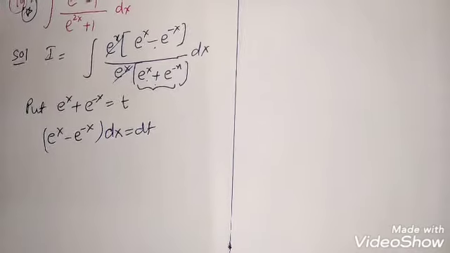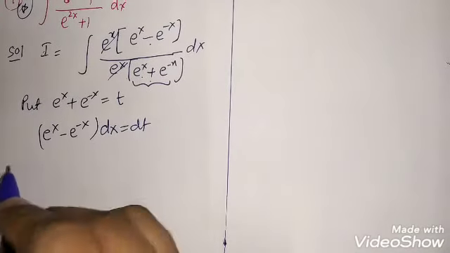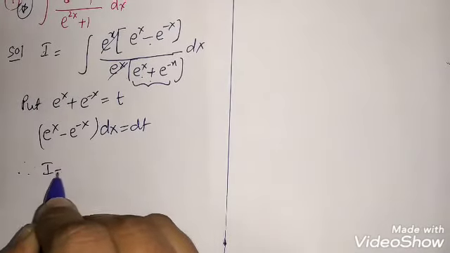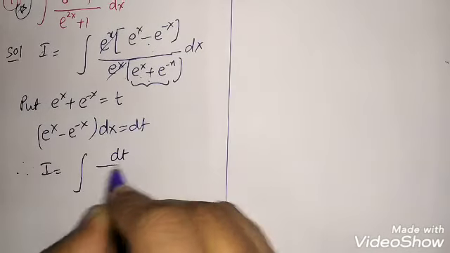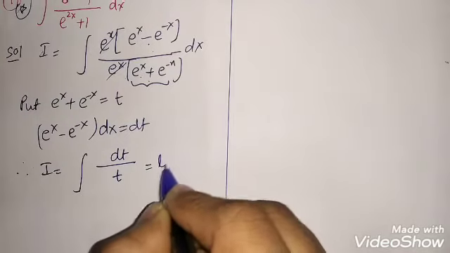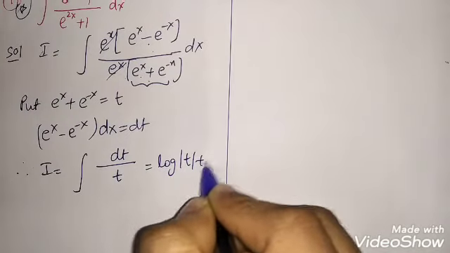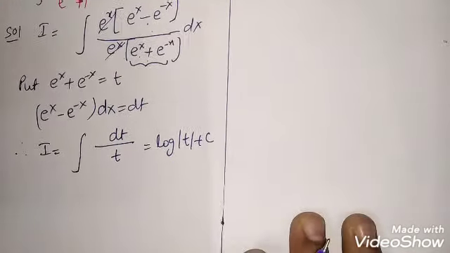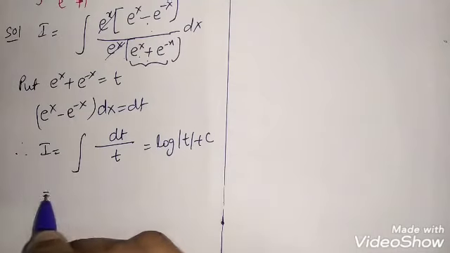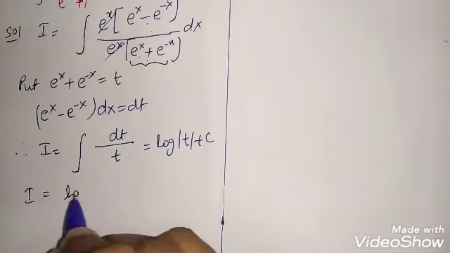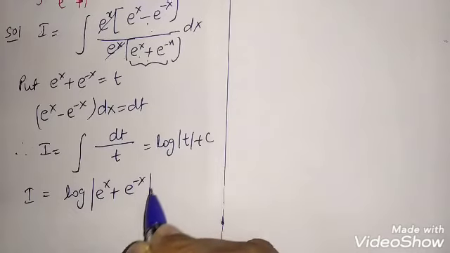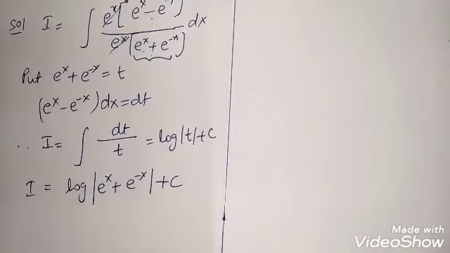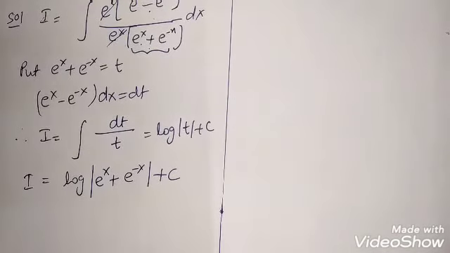Therefore the integrand is the integration of dt upon t, which is log of mod t plus c, and the value of t is e to the power x plus e to the power minus x. So the integral is log of mod e to the power x plus e to the power minus x plus c. Done. Hope you get this particular question also.